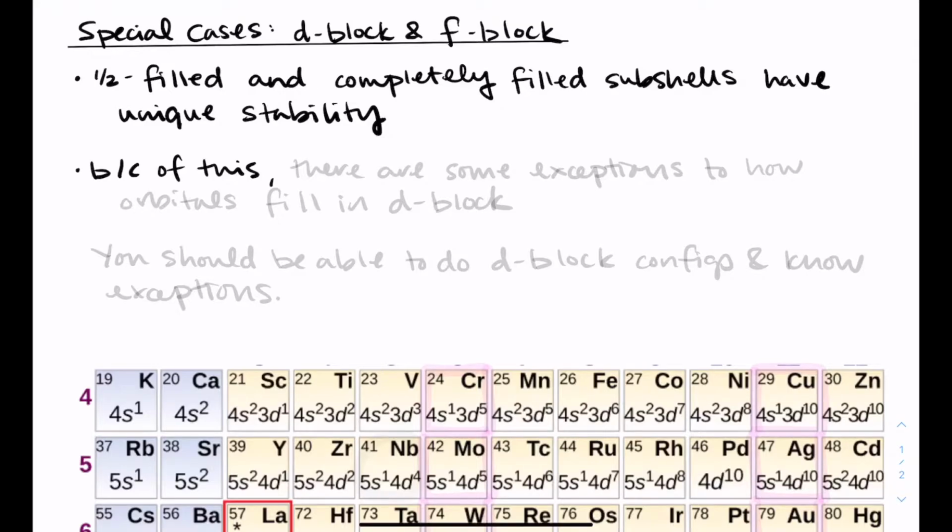I think I'm asking you to know 6, and there will be a pattern to how you can spot them to help you out. So I would like you to be able to do D block configurations with the exceptions that I've got highlighted in pink. We're going to talk about why those are exceptions and what you should know.